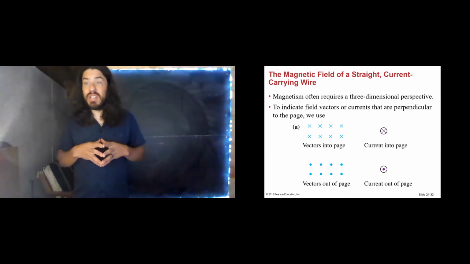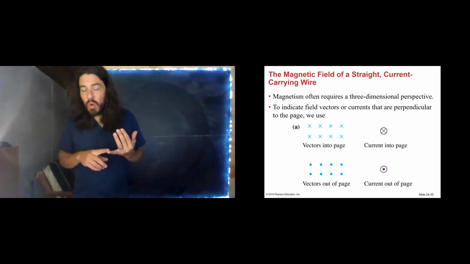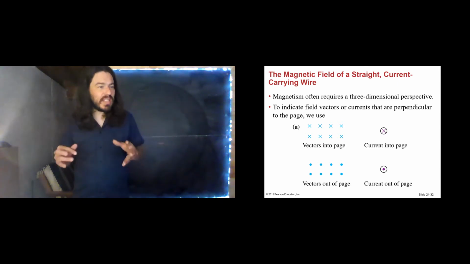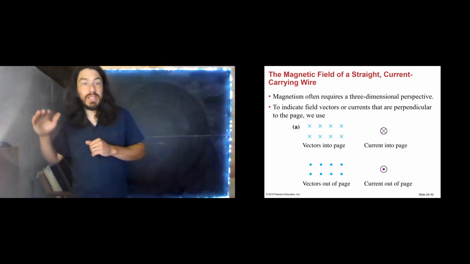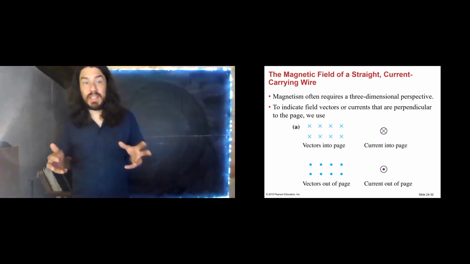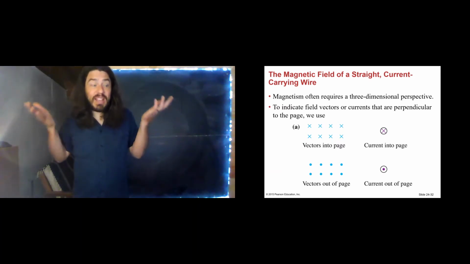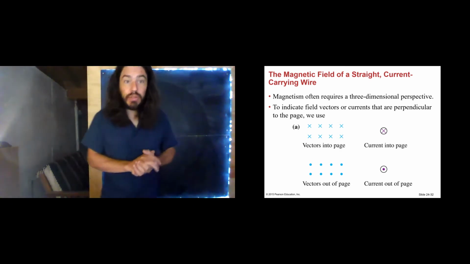I can ask you electric field questions that are 1 or 2 dimensions without losing any of the actual real physics. It makes it a little bit easier to ask you a 1 or 2 dimensional electric problem instead of a 3-dimensional one. But it doesn't lose any of the fundamental physics. With magnetism, you just can't do that. It's a 3-dimensional topic. It just is, as we'll see going through this.